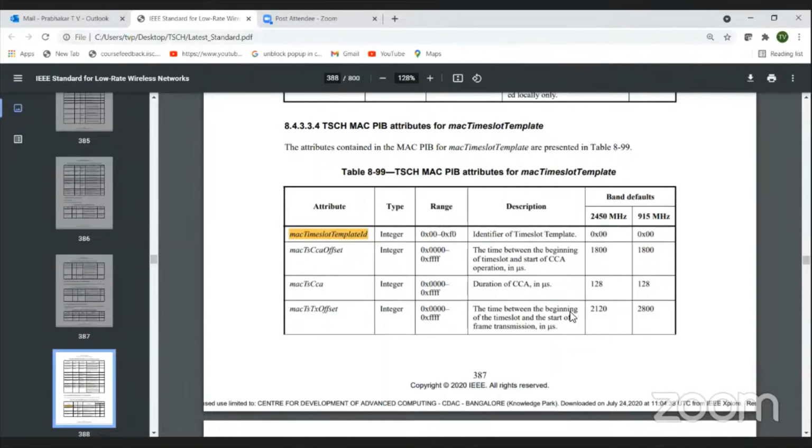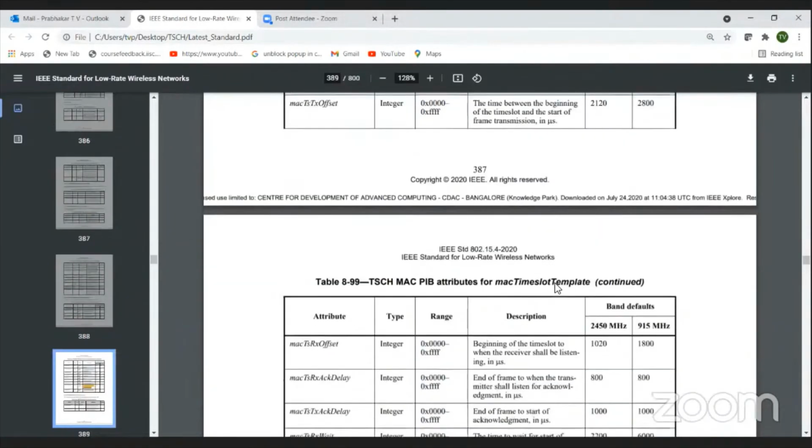So you have to get to the nuts and bolts of each one of these MAC attributes, called PIB attributes, and then write small pieces of code, use your timer implementations, which we showed you, and ensure that these timing requirements are actually met. So that is the challenge in developing the MAC.